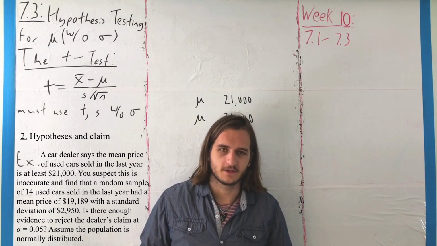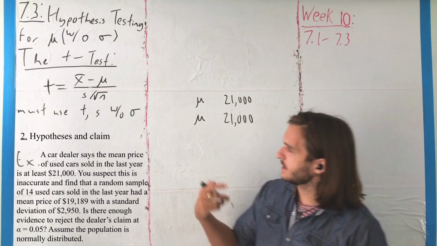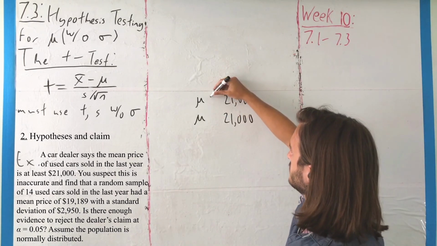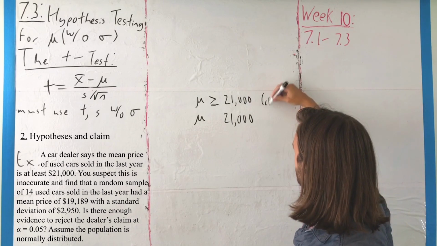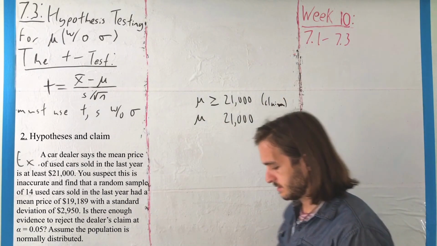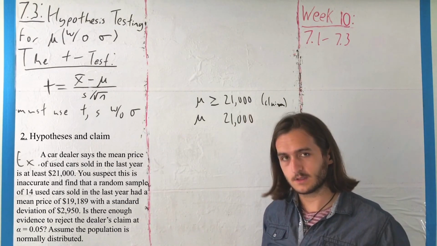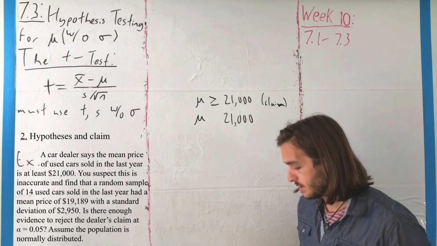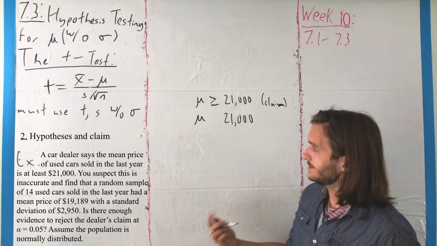Hopefully after 7.1, we don't have a ton of faith in car dealers, and we're actually treating that "at least" as our claim. That is, we are claiming the mean price is $21,000, where you suspect that it is actually not that.